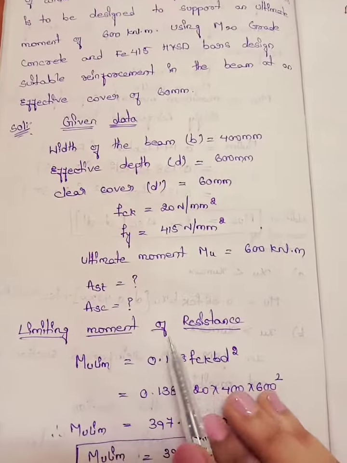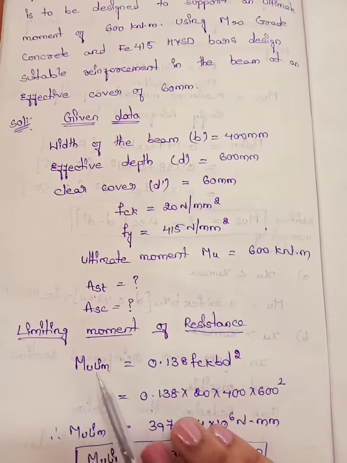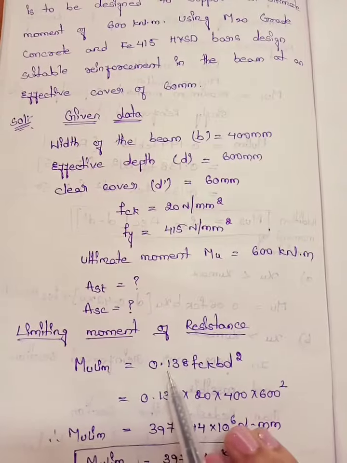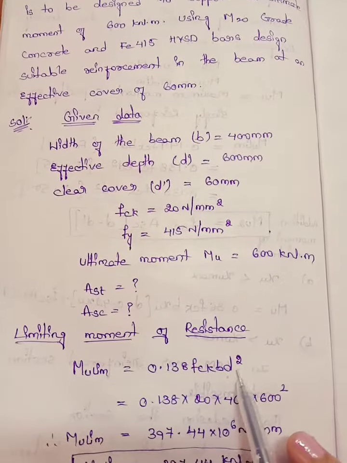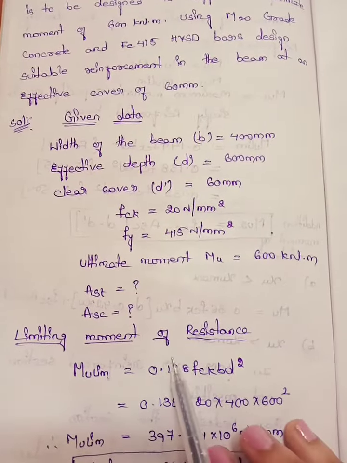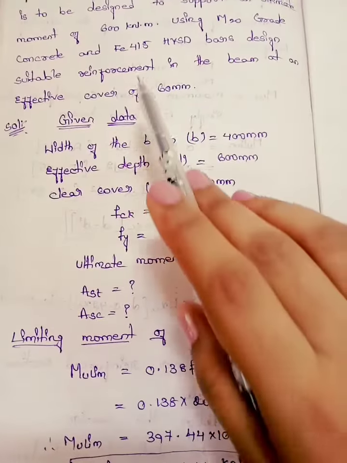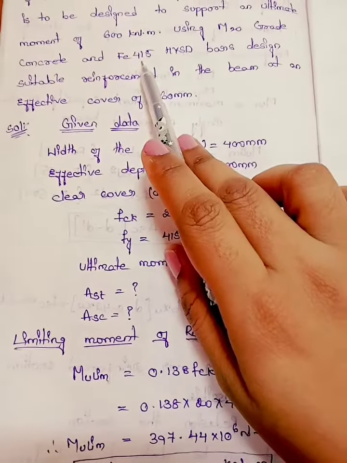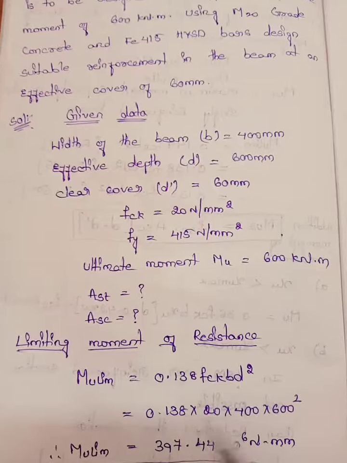The limiting moment of resistance Mu limit is equal to 0.138 FCK BD square. This formula is for Fe 415 Newton per mm square; for Fe 250 and Fe 500 it will be different.